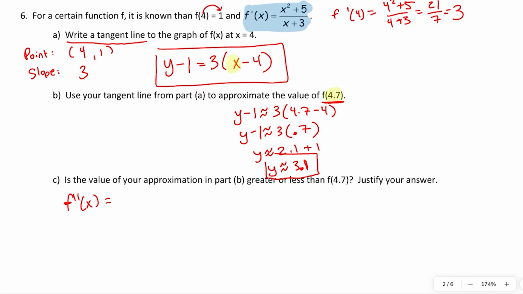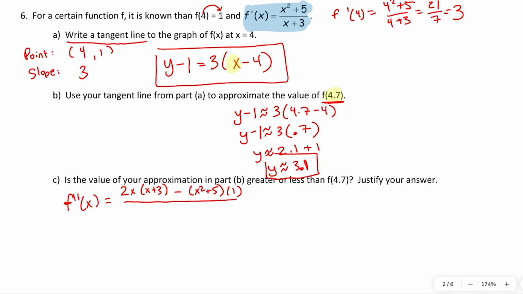Okay, so derivative of the top, 2x, times the bottom, x plus 3, minus the top, x squared plus 5, times the derivative of the bottom, which is just 1. So I'm not even going to bother writing 1. Or maybe I should, just to keep track.